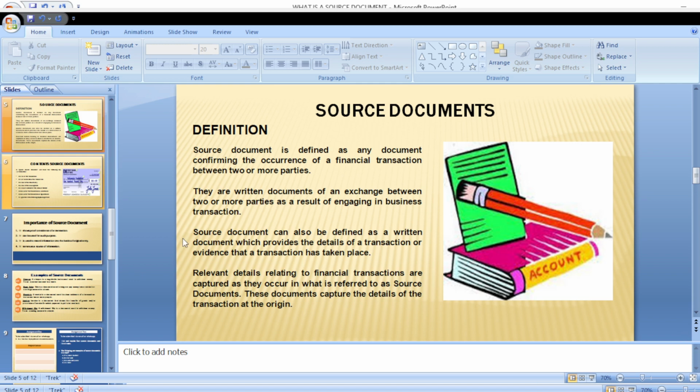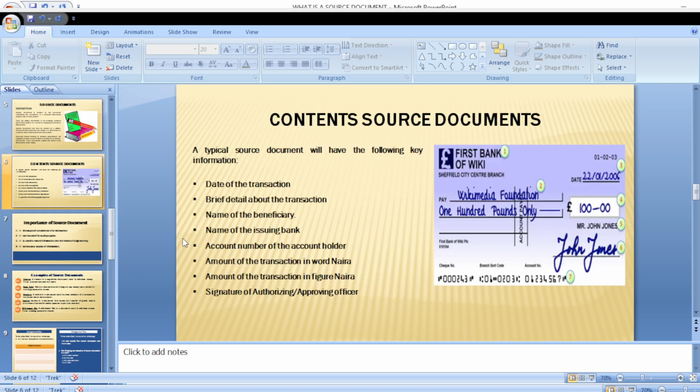Then let us look at the contents of a source document. Now, a typical source document would have the following contents. The first thing we have there is the date of the transaction.